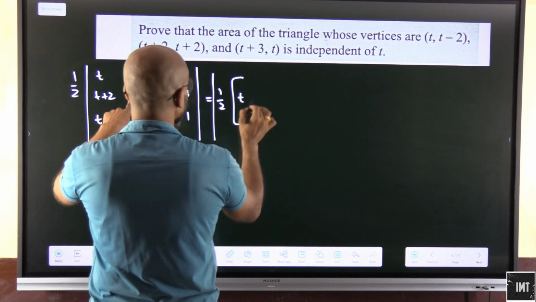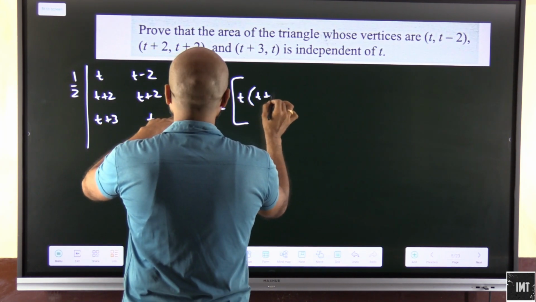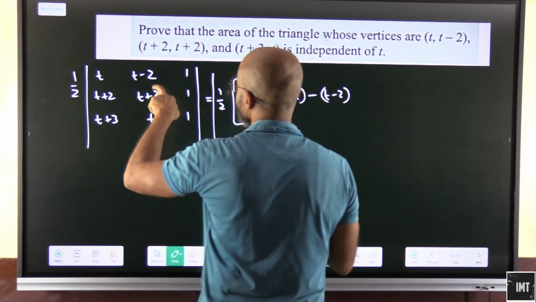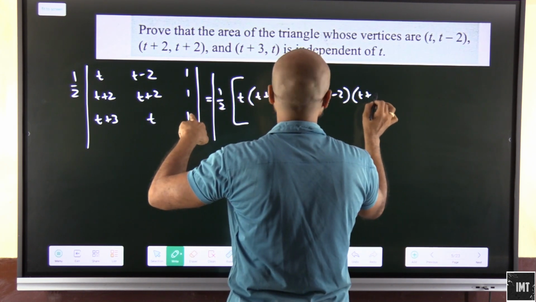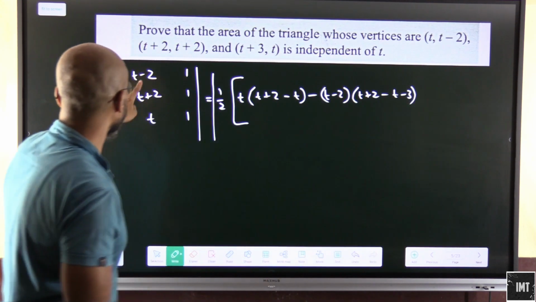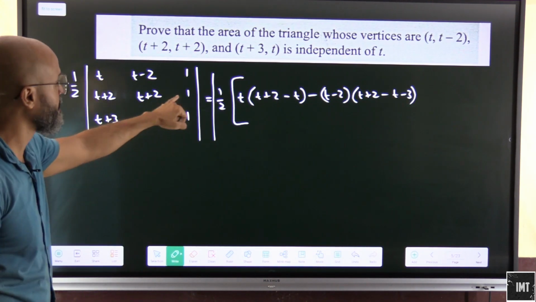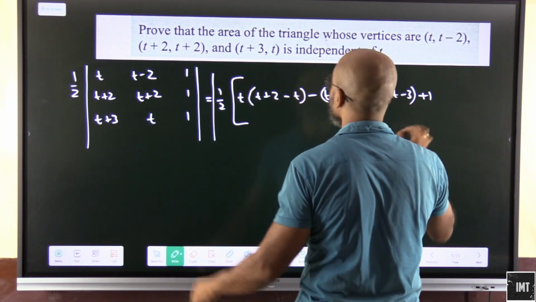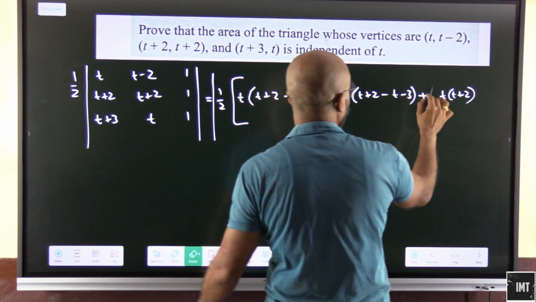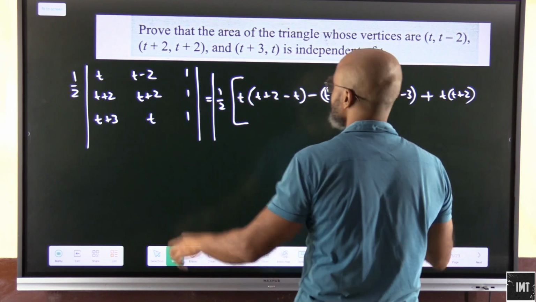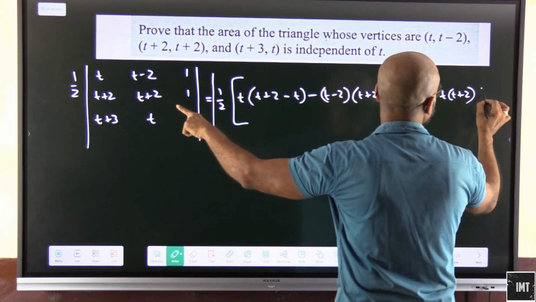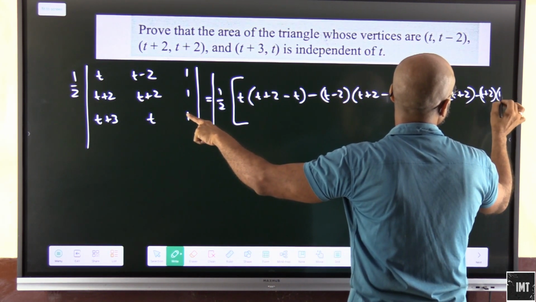So this will be t into t plus 2 minus t, minus t minus 2 into t plus 2, minus t minus 3. Okay, so this will be t minus 2, t plus 2, minus t minus 3, plus 1, that will be t into t plus 2. So we do not need to write 1 here. So t into t plus 2, minus t plus 2 into t plus 3.